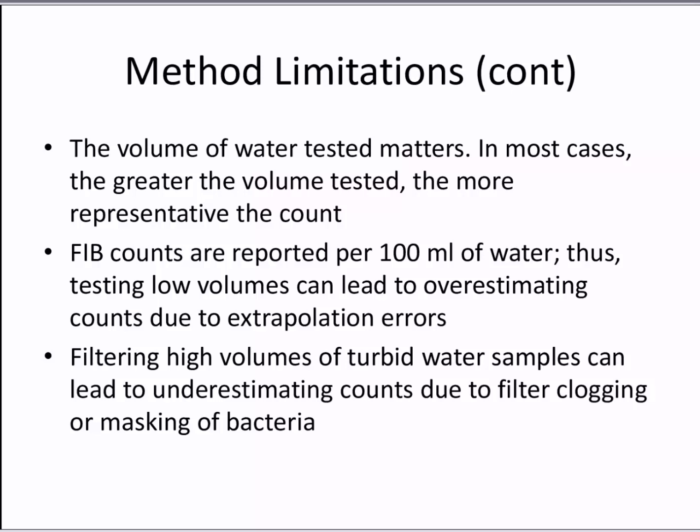Okay, another limitation, and this is for membrane filtration, is that filtering high volumes of turbid water samples can lead to underestimating counts due to filter clogging or masking of the bacteria.